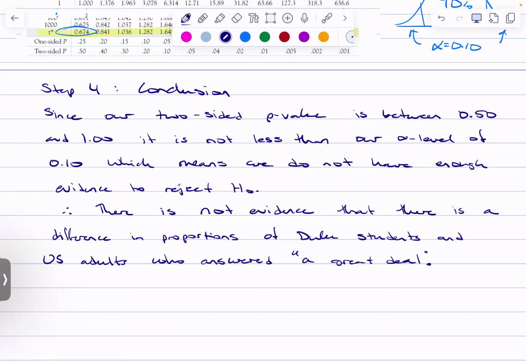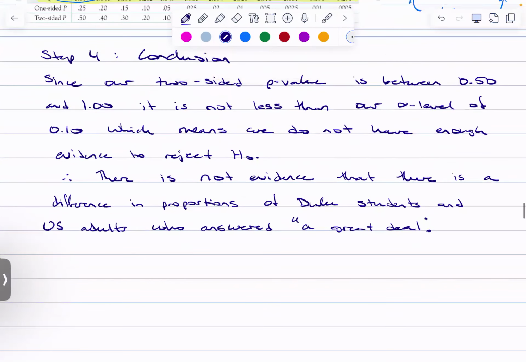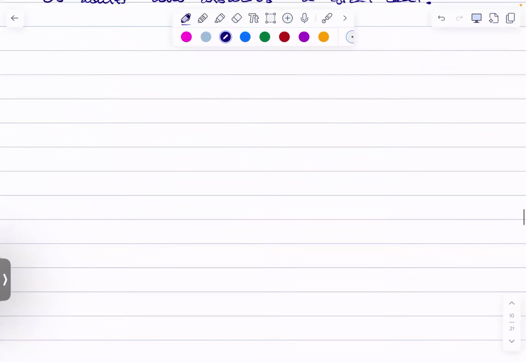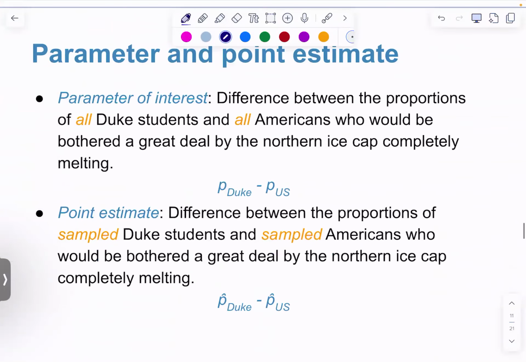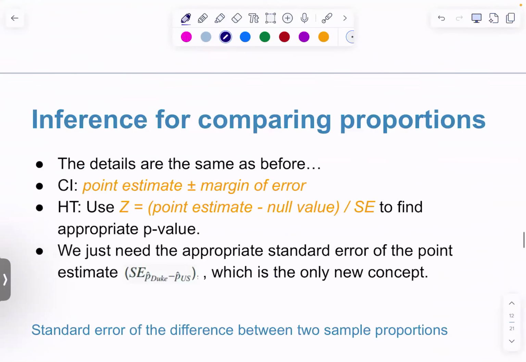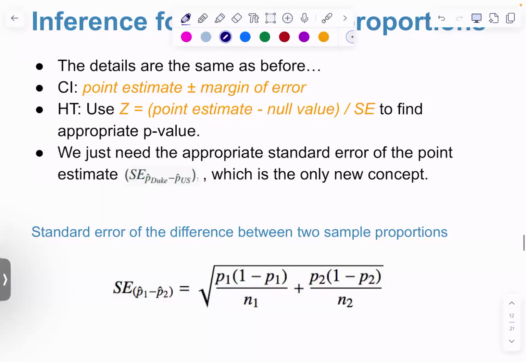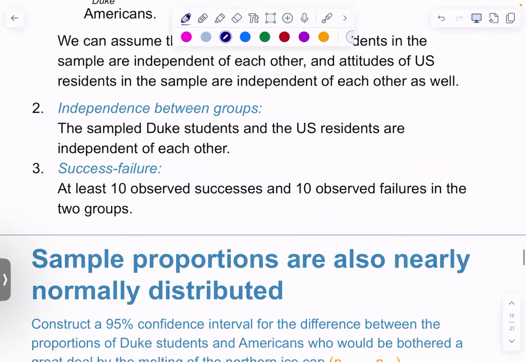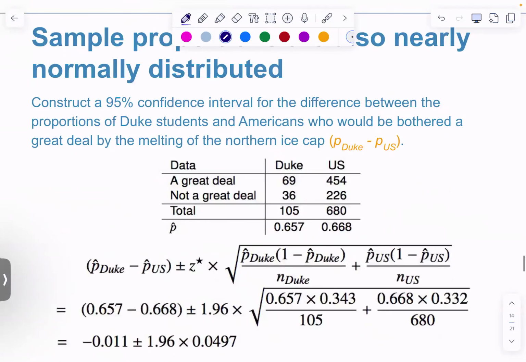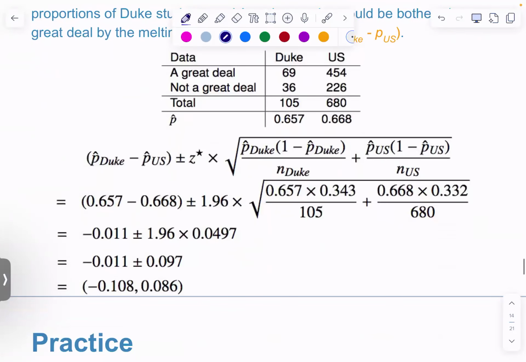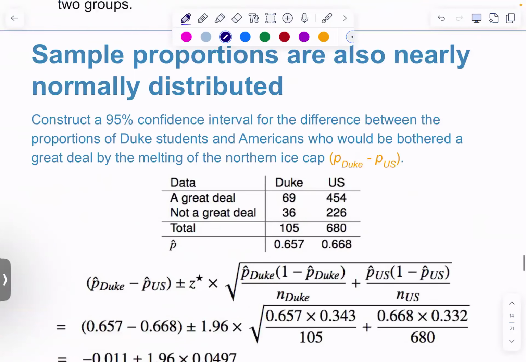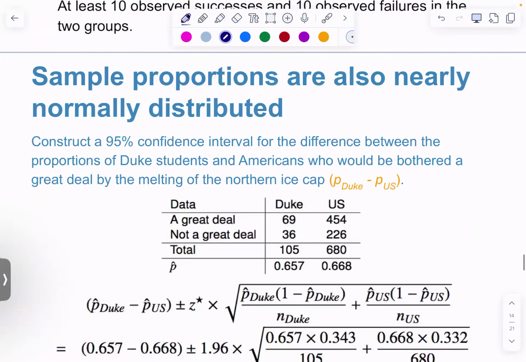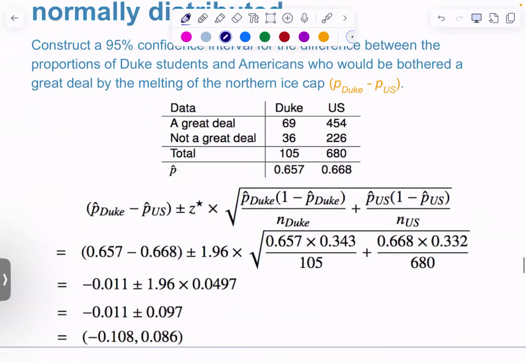Not terrible. You can do a confidence interval and a hypothesis test, and the rest of the slides really, truly just do exactly all the things that we did. They found a confidence interval, I think a 95% confidence interval, and everything else stays the same.